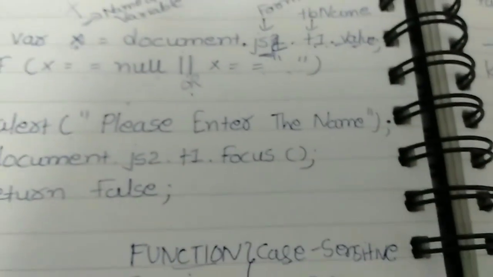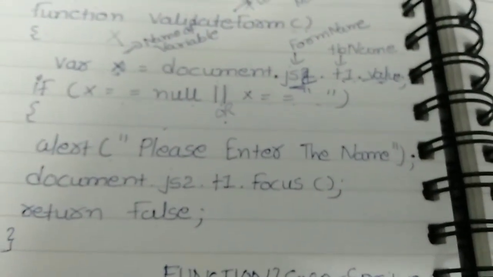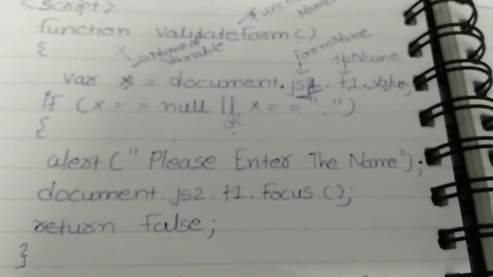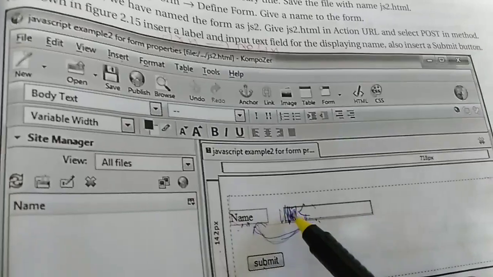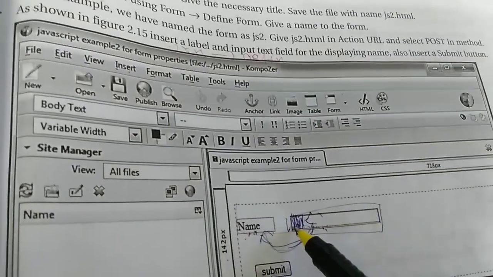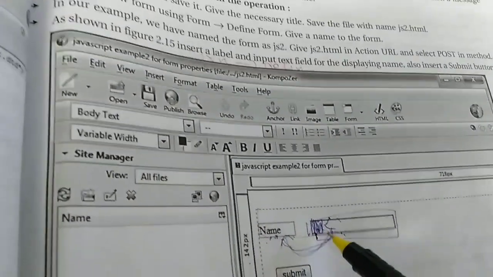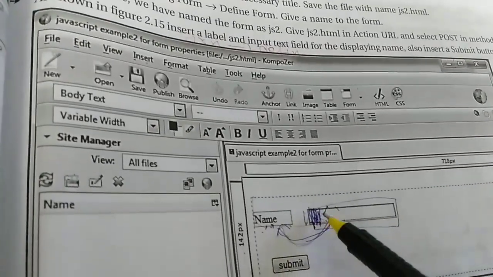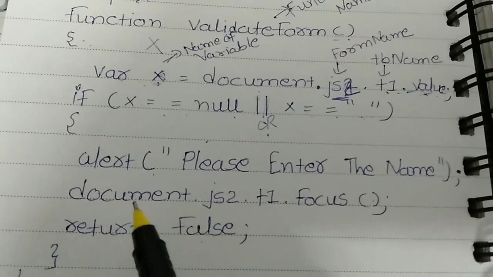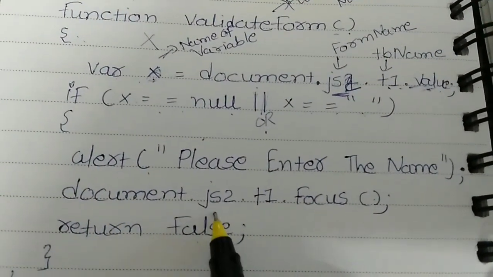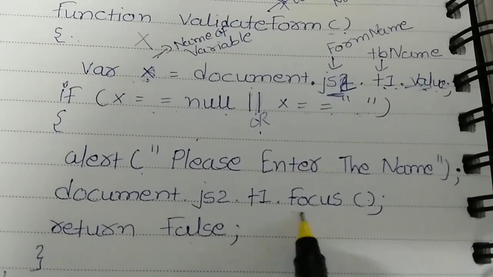Now if the user forgets to write his or her name inside a text box, then we have to focus this text box. We have to focus this text box and we have to tell our user that you have to write your name inside your text box. That's why I have written the document.js2.t1.focus method.